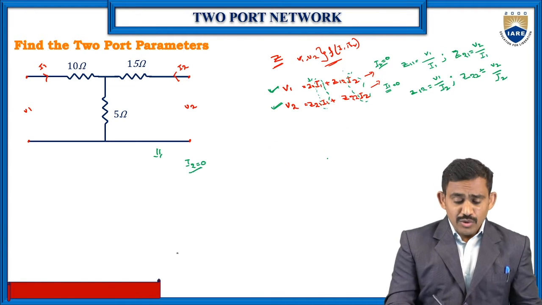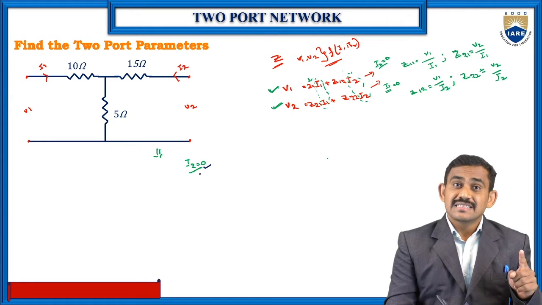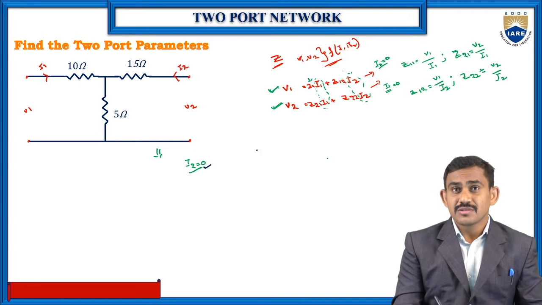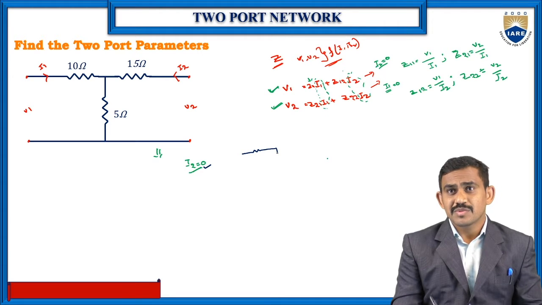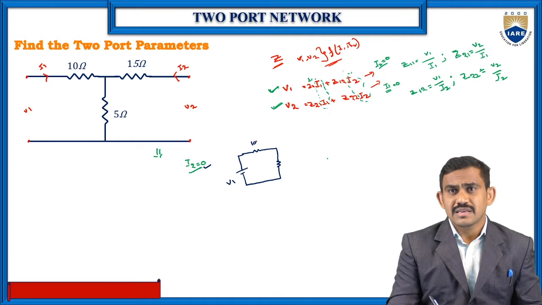Now I2 equals 0, the secondary side is open. I will draw the circuit now. On the primary side I have some voltage V1, and here 10 ohms is there, and here 5 ohms is there.